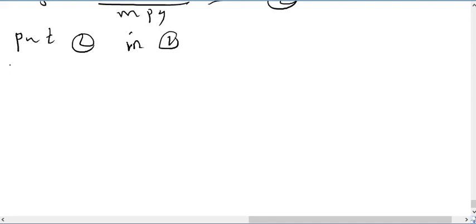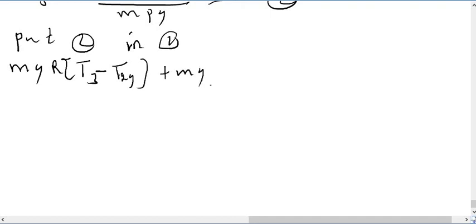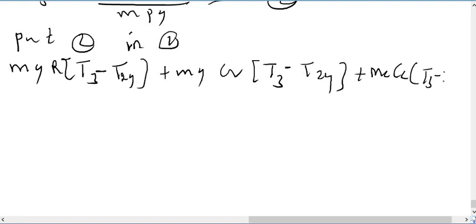So we have mass of gas times R into T3 minus T2 of the gas, plus mass of gas Cv into theta 3 minus theta 2 of gas, plus mass of copper, specific heat of copper, into theta 3 minus theta 2 of copper, and is equal to 0.